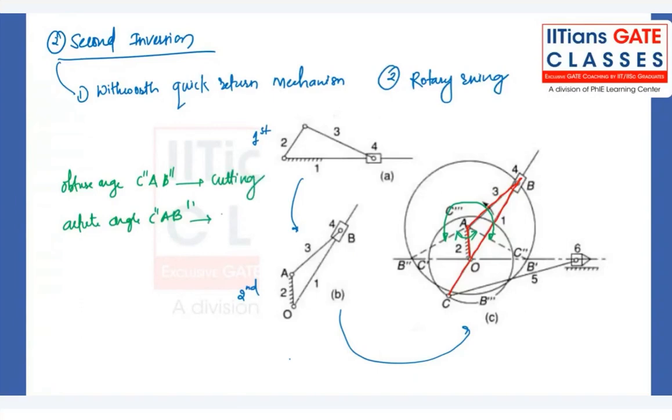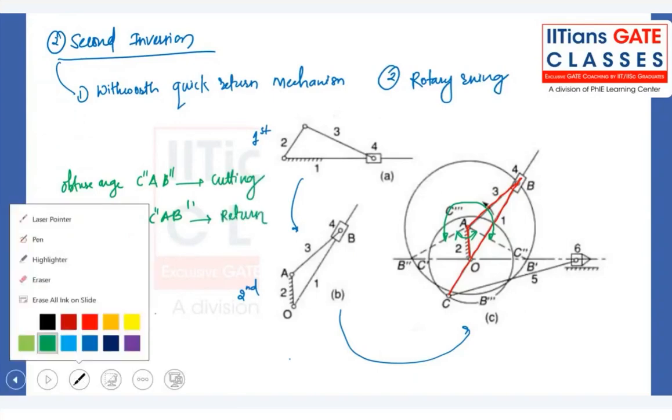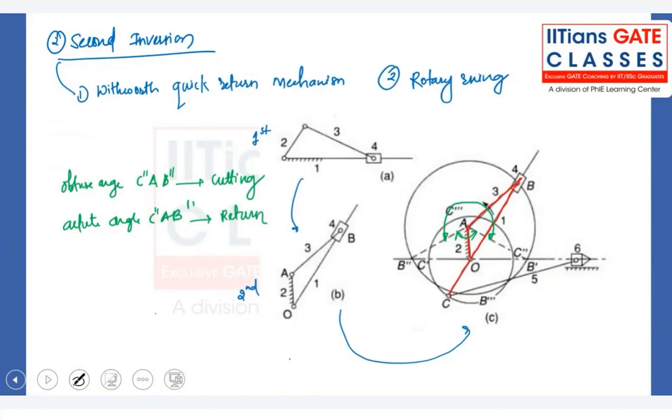So that is the basic idea why we are getting the quick return. Why our return stroke is faster than the cutting stroke. Let's call this obtuse angle theta and this acute angle beta. Theta and beta.